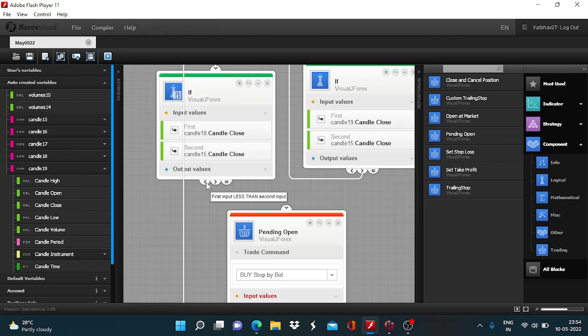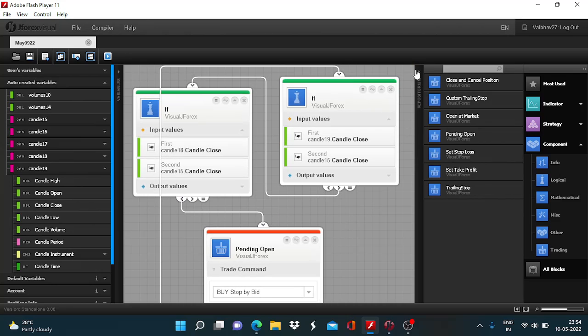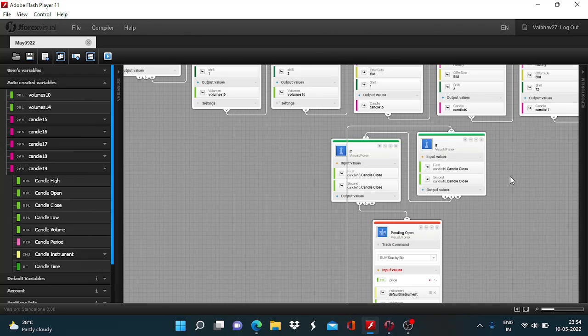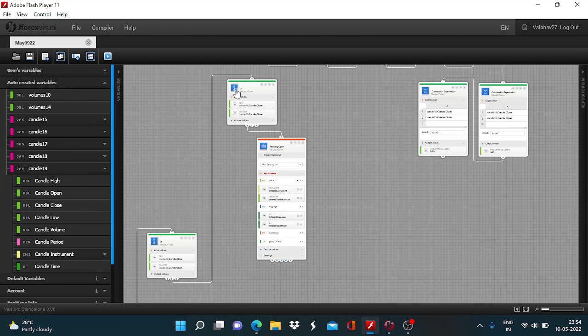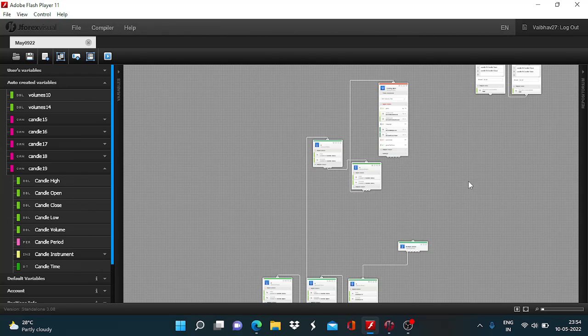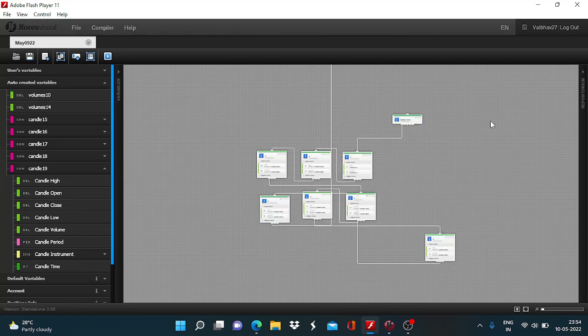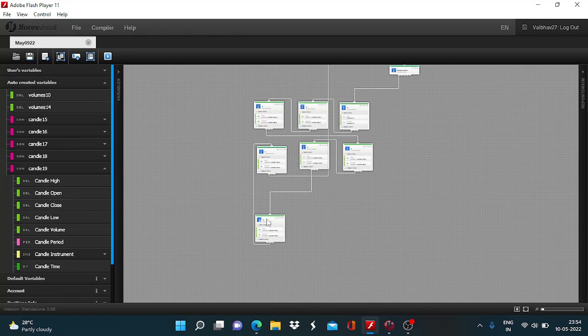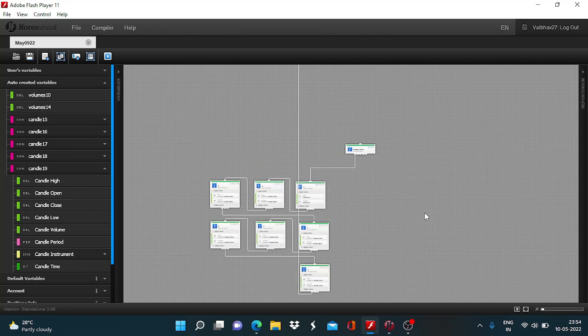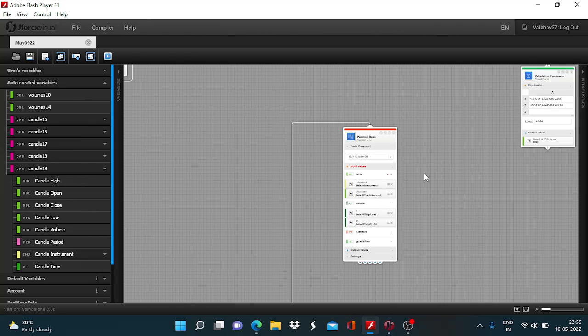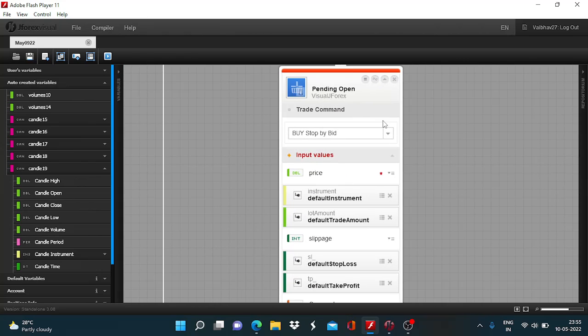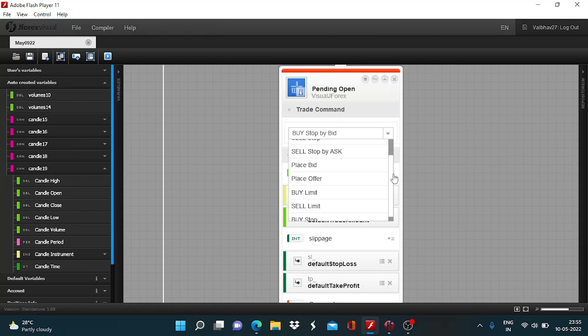So here, first input less than second input, and this will be a buy order, buy stop, buy bid.